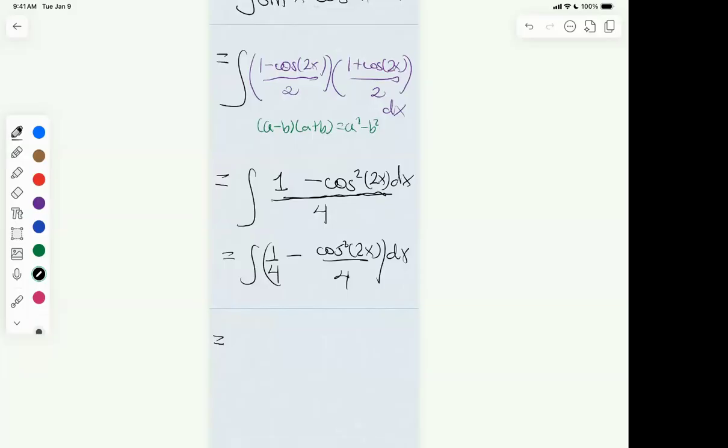Integrating a constant is just the constant times x. I could put a constant of integration, but I'll put it at the end once we integrate the second one. So it all boils down to how do you integrate cosine square of 2x.